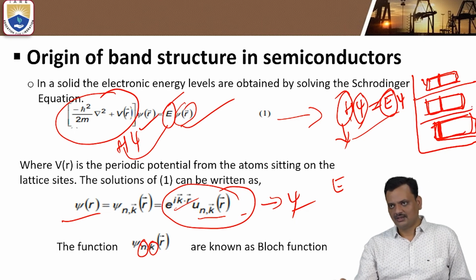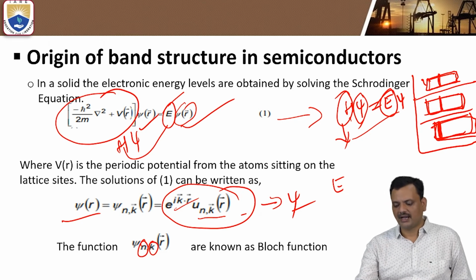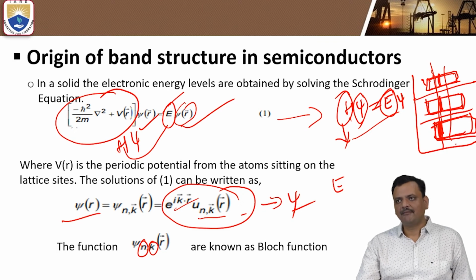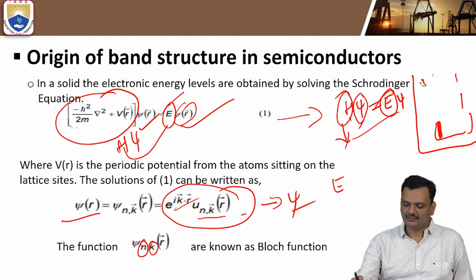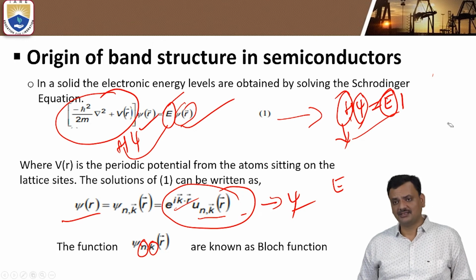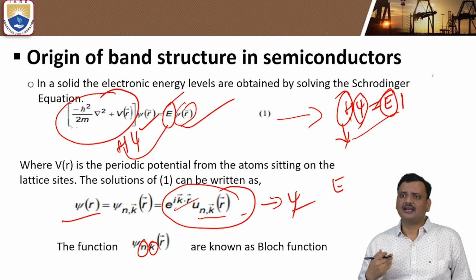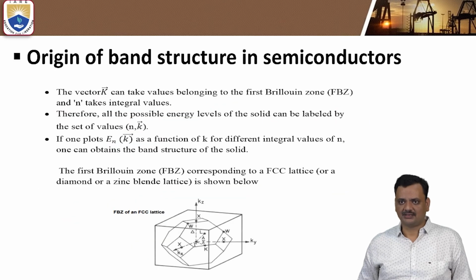Before quantum mechanics, all energy values were possible. That is the beauty of quantum mechanics, and on the basis of its assumptions we can explain the origin of band structures in semiconductors.